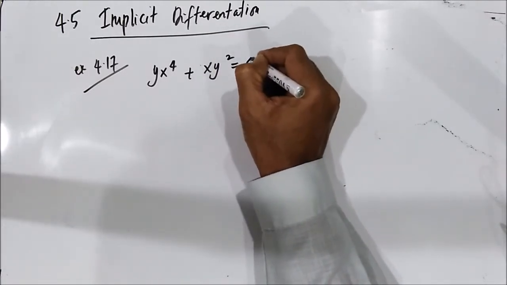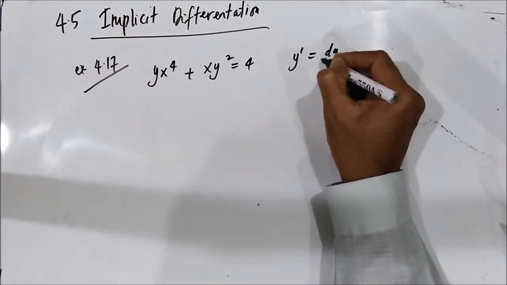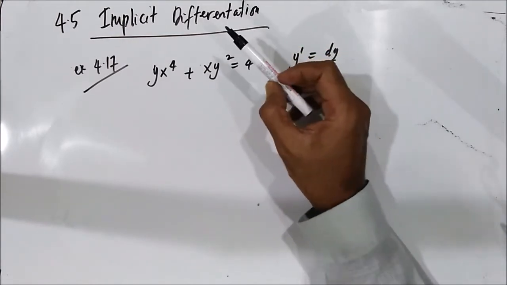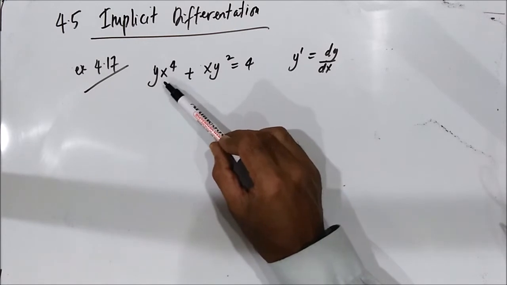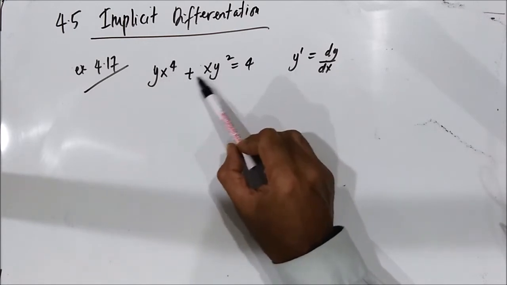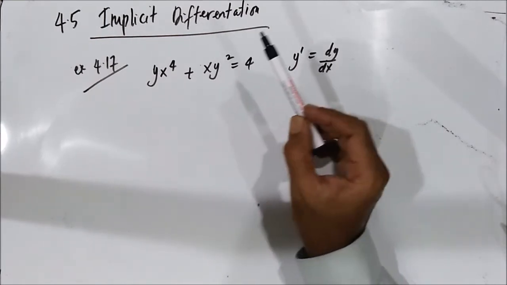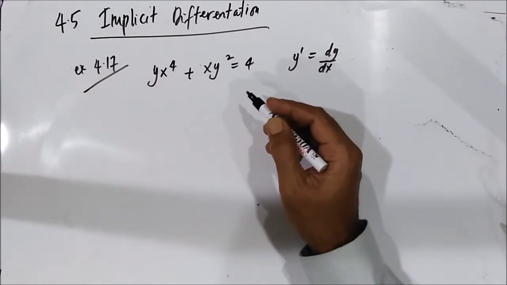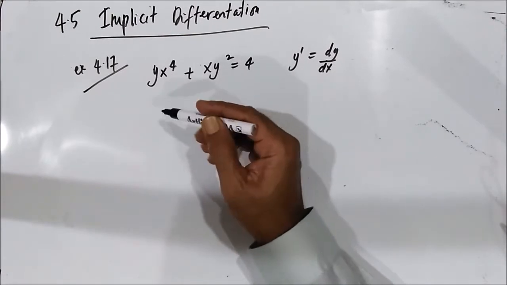We want to find y prime, or dy/dx. This refers to implicit differentiation because we have a relationship between y and x here. This is what we call implicit differentiation. To solve this one, we have two things here. You can use the product rule.